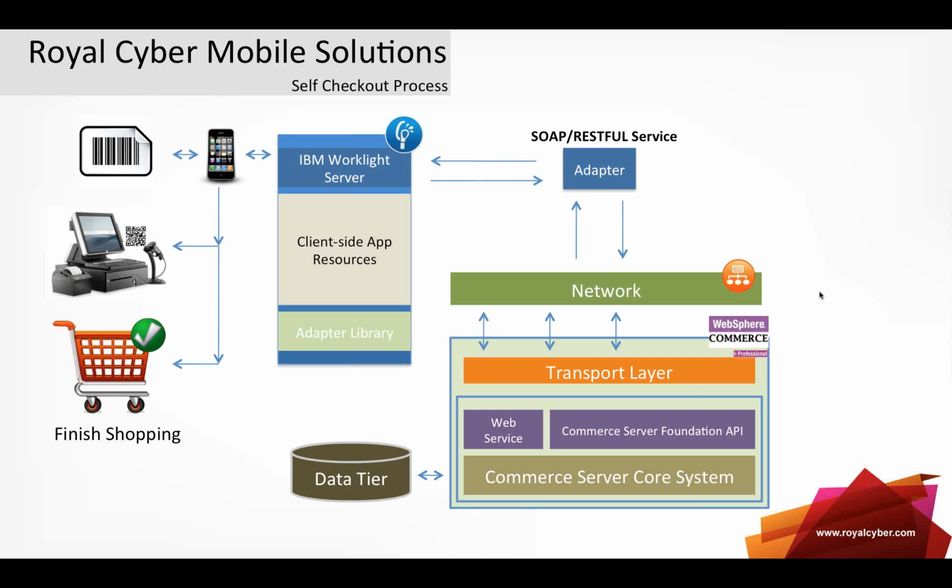It goes through a network process, and then it connects to the back end, the commerce service core system. So this is the overall high-level architectural diagram of the products and the parties that are making this happen.